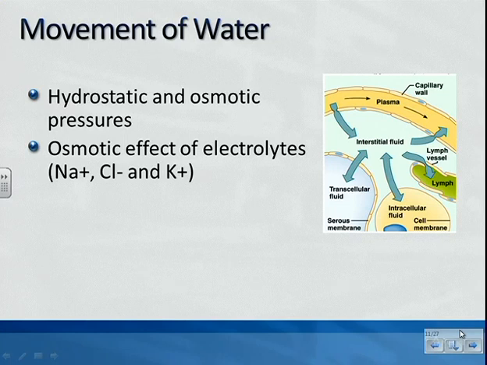Remember, though, that when we talked about the plasma colloid osmotic pressure, I said it's mainly due to the presence of what that created the osmotic pressure? Proteins, okay? But you need to remember, though, if you start messing with the levels of electrolytes, that can affect the osmotic pressures too. The sodium levels in your blood play a very important role in osmotic pressure.